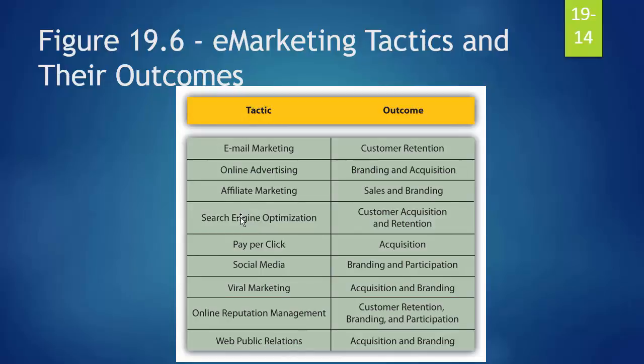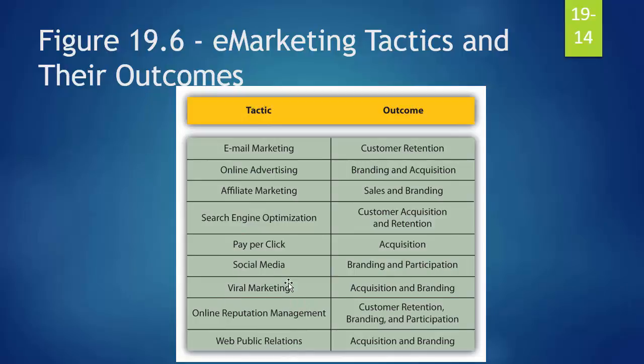We've talked about SEO, or search engine optimization. That's going to help you acquire customers because they're going to be able to find you based on the keywords they're looking for. We can do pay-per-click, again acquisition, especially if we look at the click-through rate, how many people actually came to our website. We can use social media. Again, that can be used to help us with branding and participation.